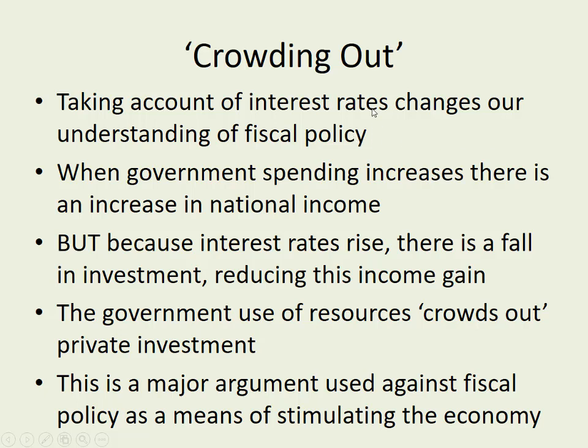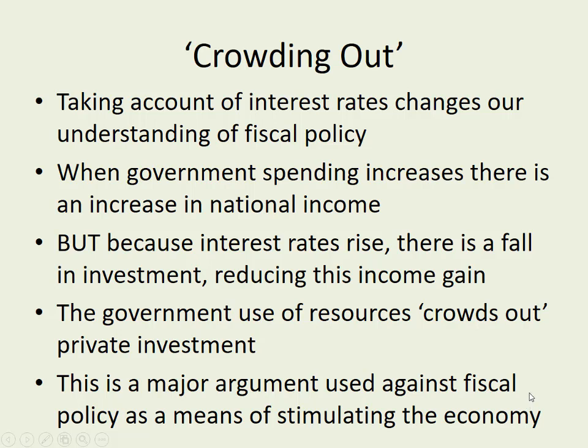So taking account of interest rates changes the understanding of policy. Government spending increases, there is an increase in national income, but because interest rates rise, there's a fall in investment, so it reduces the income gain. So the government use of resources in the economy effectively crowds out private investment. That's one way of looking at that effect.